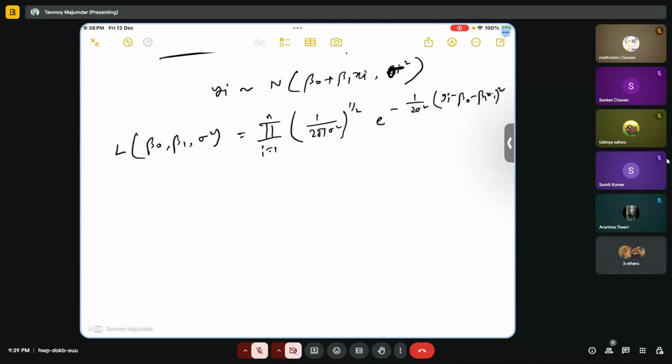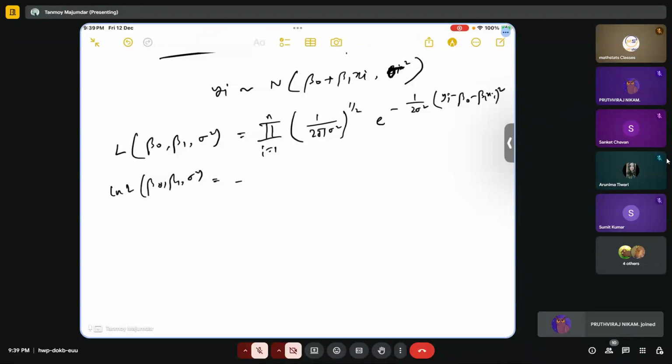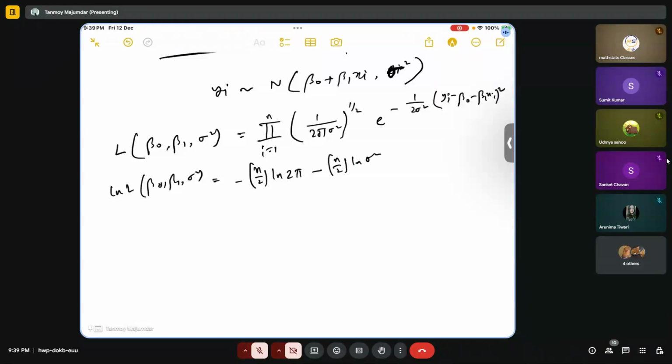Using the likelihood function we can get ln L of beta naught, beta 1, sigma square, the log function of this, which equals minus n by 2 ln 2 pi minus n by 2 ln sigma square, where sigma square comes out, minus 1 by 2 sigma square times the sum over (yi minus beta naught minus beta 1 xi) square. That term will come.